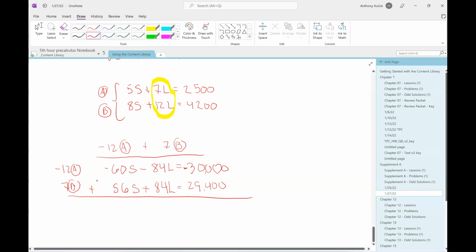So we add down. That gives us negative 4S. That stuff is just 0. And then negative 600.